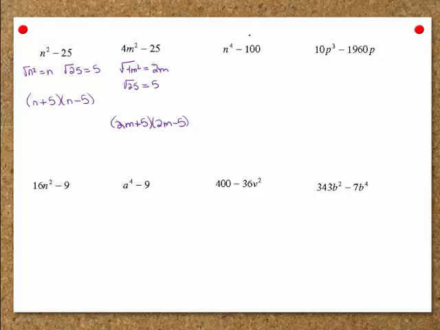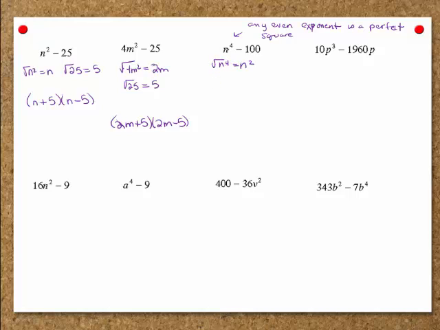Here I have n to the 4th, and any even exponent is a perfect square. If I take the square root of n to the 4th, I'm going to get n squared.